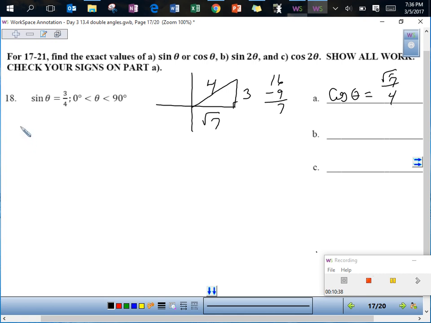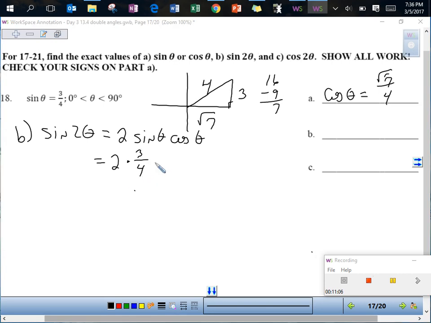For part B now, to get the sine of 2 theta, I'm going to use the only formula that we have that says 2 sine theta cosine theta. So I'm going to have 2 times your sine value of 3/4 times your cosine value of radical 7/4.